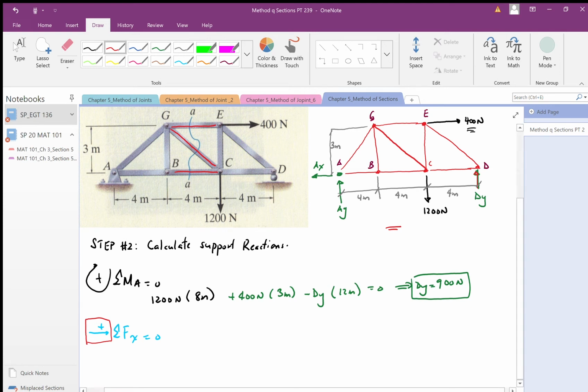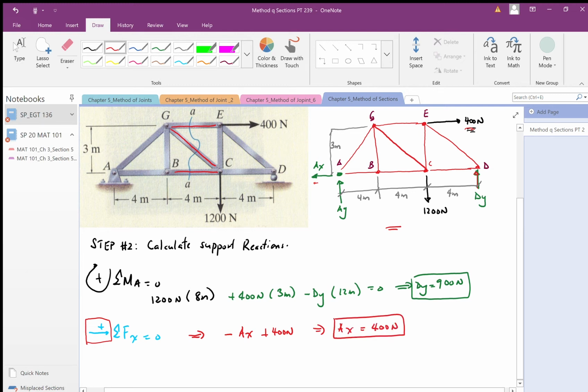You have to let the reader know that you're taking left to right to be positive. So for all the forces in the x direction, I have a negative Ax here and a positive 400 newtons, and therefore solving for Ax, Ax equals 400 newtons.